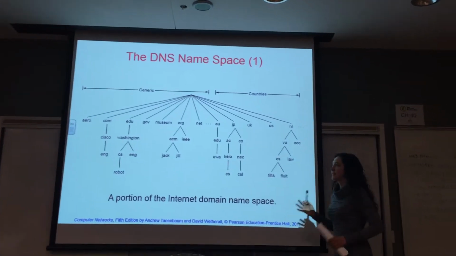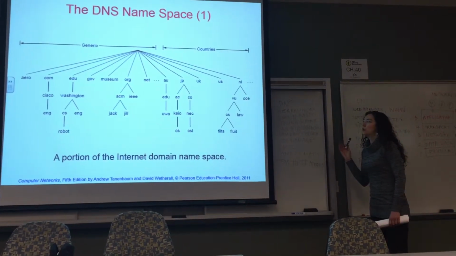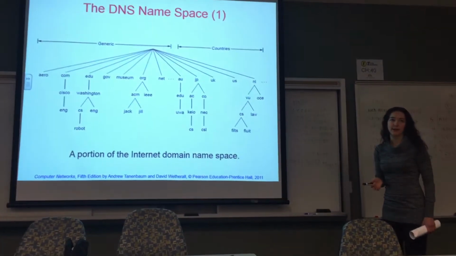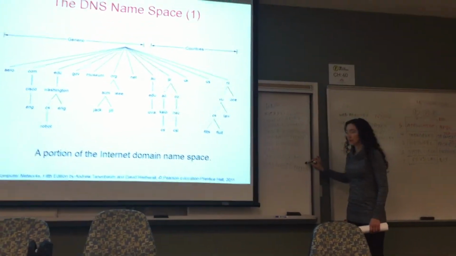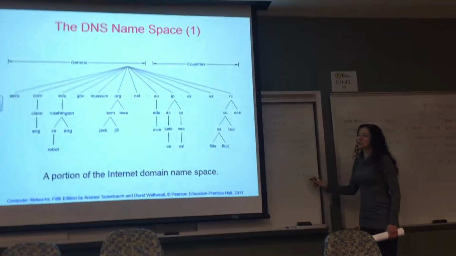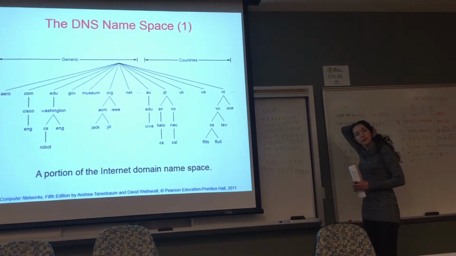But the high level domains are controlled by a central authority that makes sure that there are no two different organizations with the same domain name. Because the IP address is unique. Right? This is the address that uniquely identifies the machine on the network so that we know where the sender is and where the receiver is.